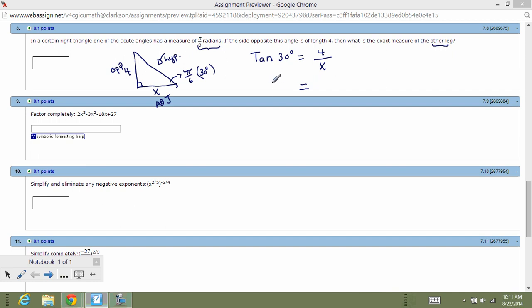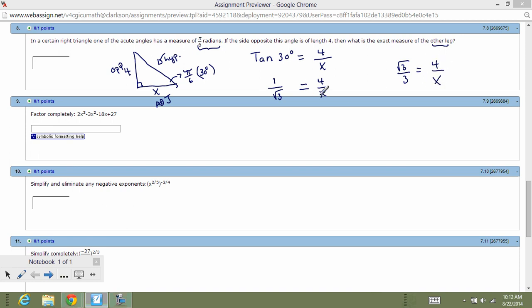The tangent of 30 degrees is 1 over the square root of 3. Okay. Or perhaps you know the tangent of 30 degrees. You have that committed to memory as square root of 3 over 3, whichever value you would want to use.